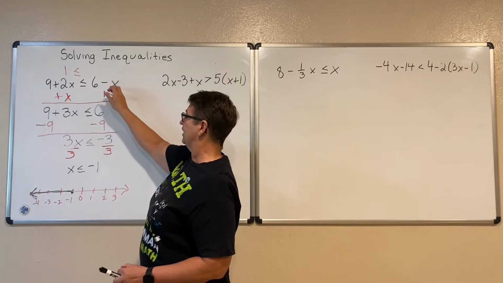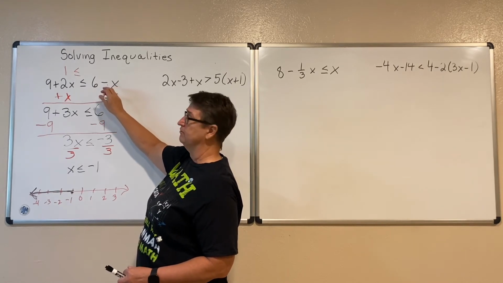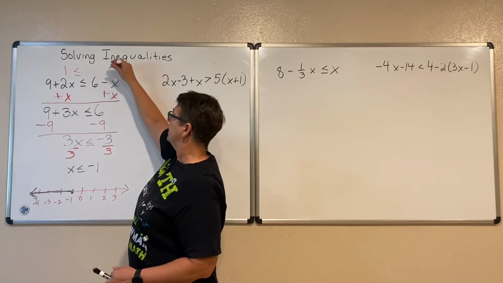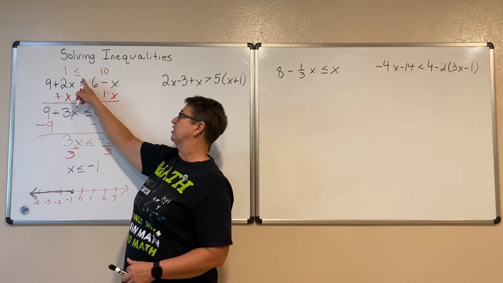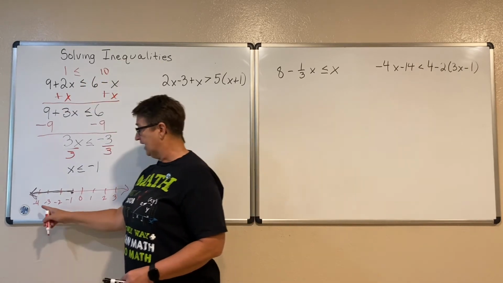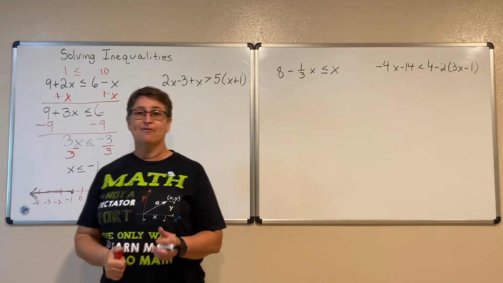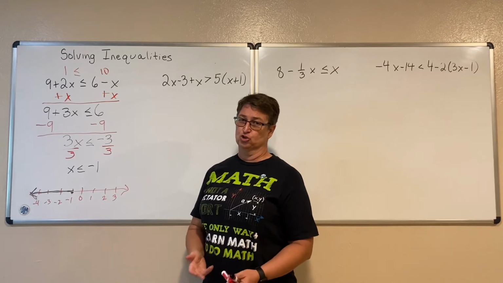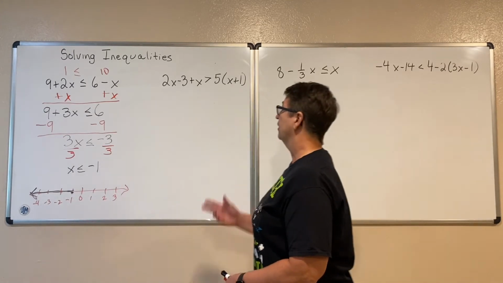If I put a negative 4 in here, a negative of a negative makes that a positive. So 6 plus 4 would be 10. And 1 is less than or equal to 10. So negative 4 does make that statement true. After you've found your solution, you can check yourself to make sure that your solution actually works.